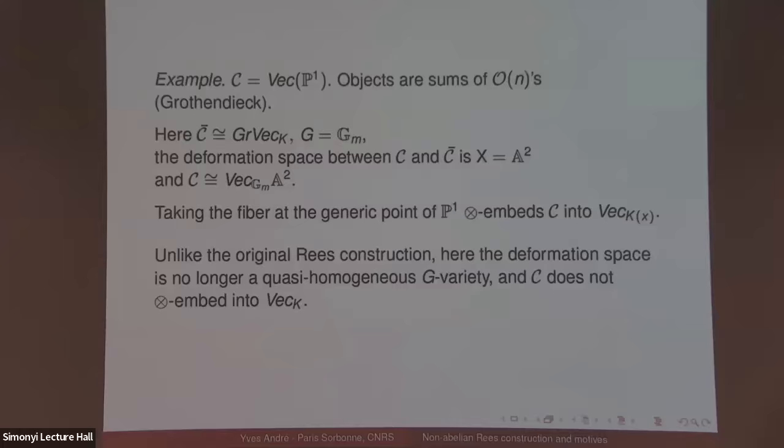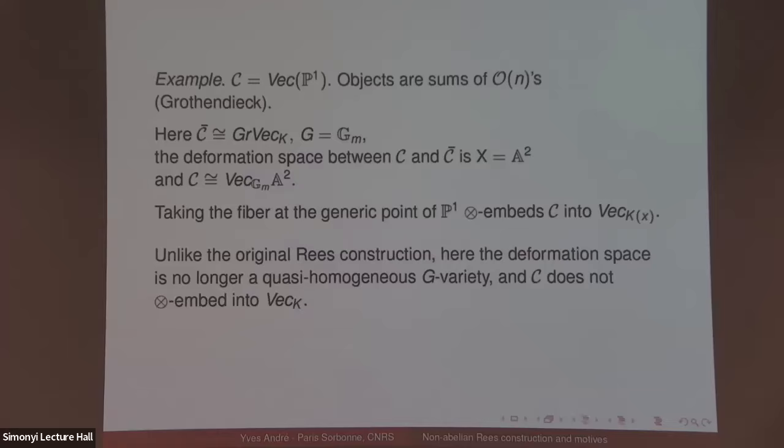So G is Gm. And the deformation space between C and C bar is now the affine plane, no longer the affine line. And one finds that C, vector bundles over the projective line, is tensor equivalent to the category of Gm-equivariant vector bundles on the affine plane.